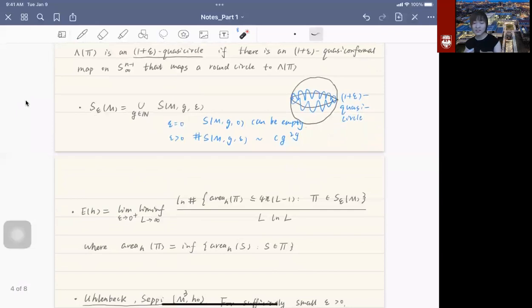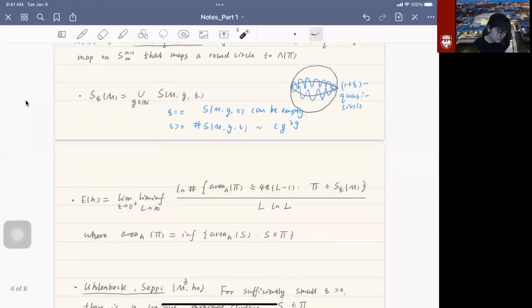Okay, now thanks to all the notations, we finally are ready to define the minimal surface entropy. Here, we define it in the following way. We take the limit as epsilon goes to 0 and as L goes to infinity. In particular, in the numerator, area with respect to h of pi means we take the area of the area-minimizing surface inside of the homotopy class of pi.